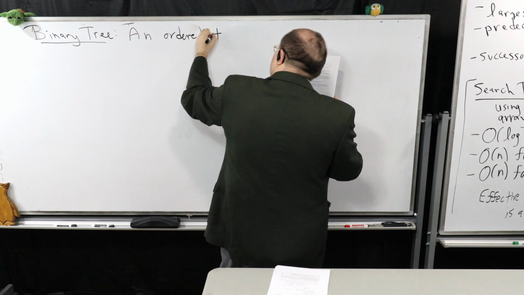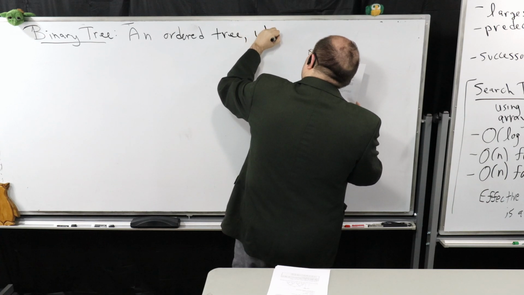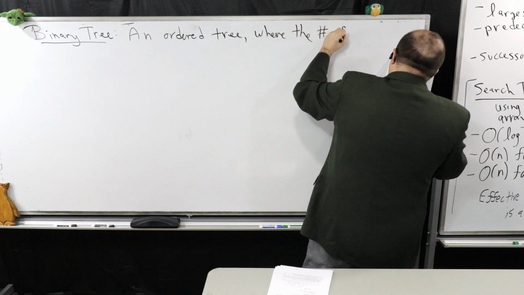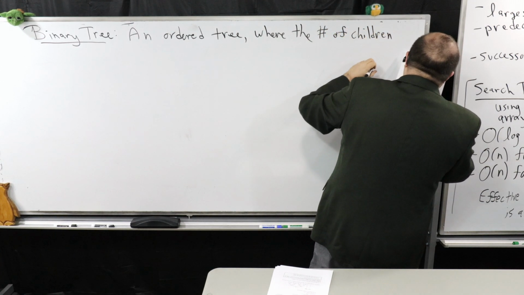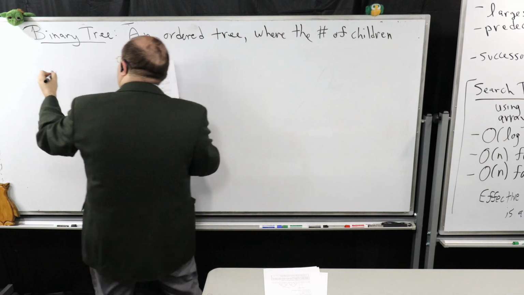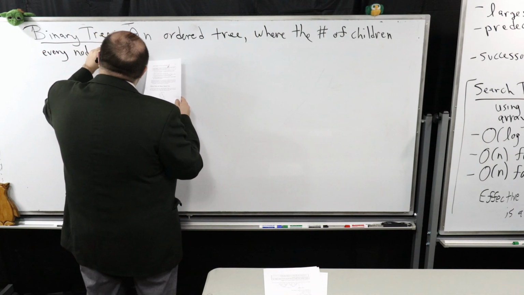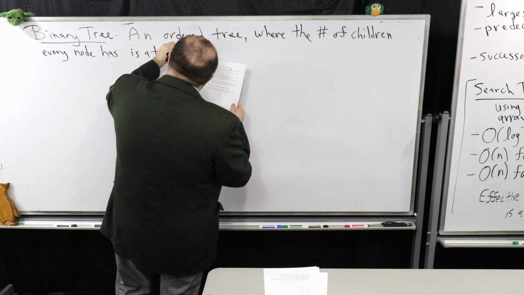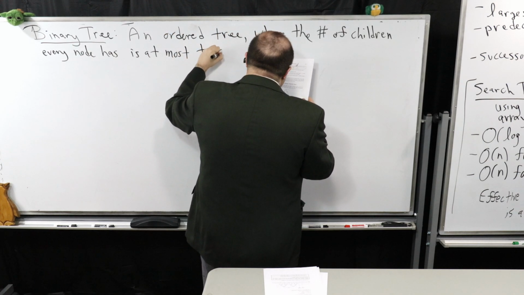It's an ordered tree where the number of children every node has is at most 2. Hence the binary part.